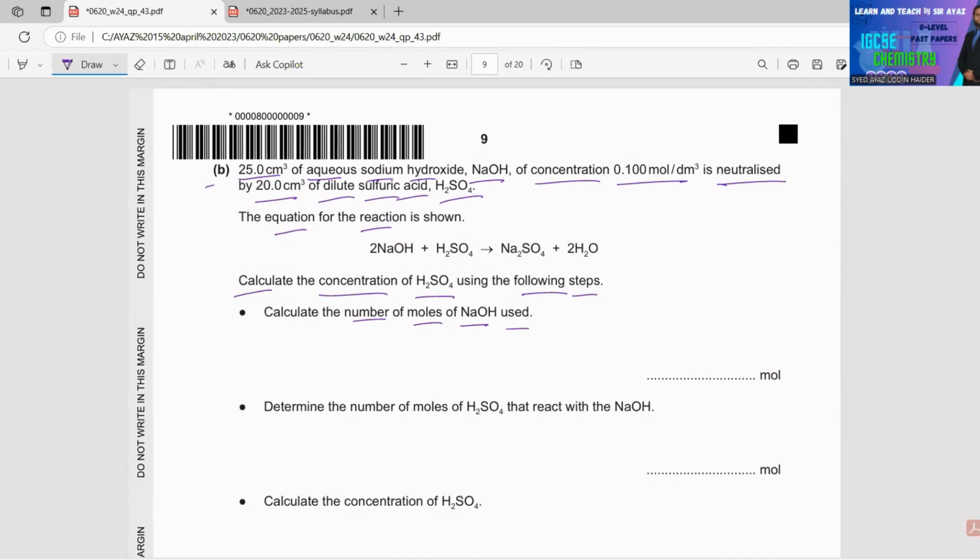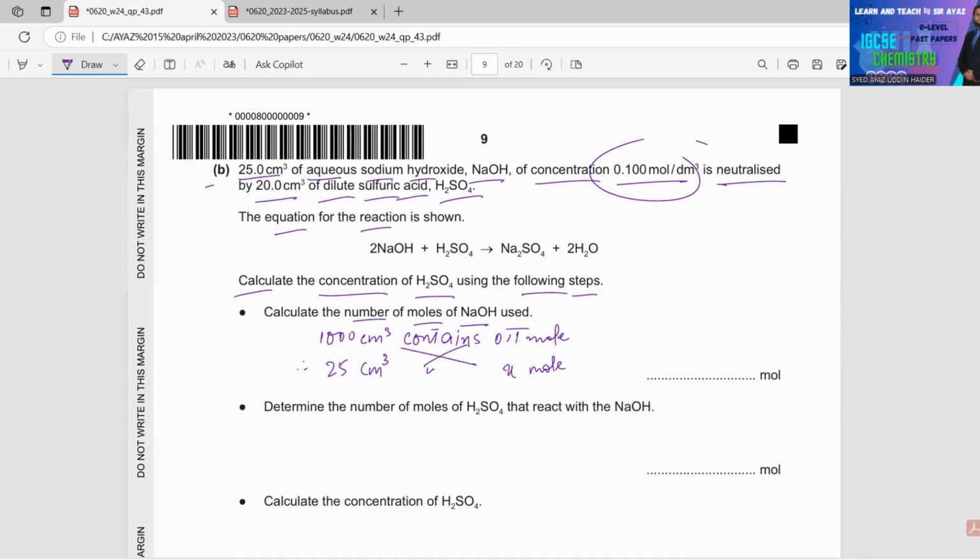The strength of sodium hydroxide is given, which is 0.1 mole per dm³. 0.1 mole per dm³ means it's 0.1 mole in 1000 cm³. And the volume used is 25 cm³. So I will write 1000 cm³ contains 0.1 mole. Therefore, 25 cm³ contains X mole.